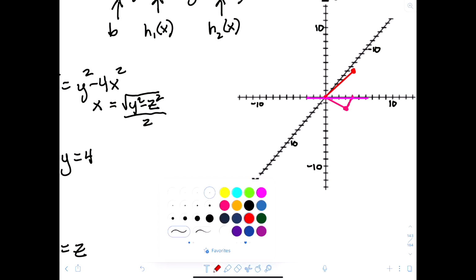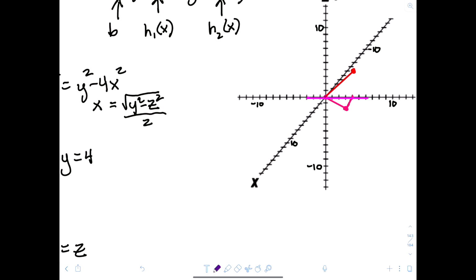So we're going to have this right here. And actually, let me do it in this color here. Looks too much like the other one. And so that gives us y equals z, which of course is the same as z equals y.